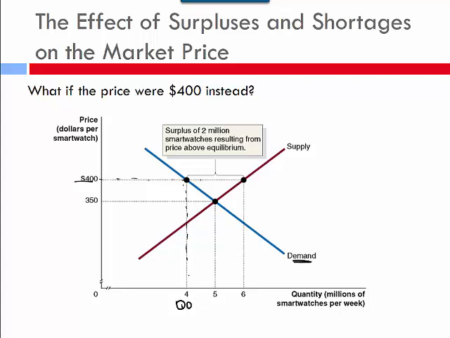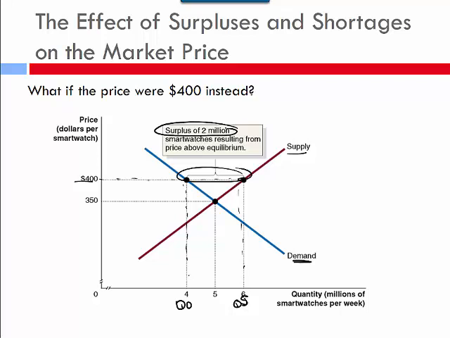But we would keep on going till we intersect the supply curve, and so we follow that down, and the quantity supplied was 6. So at a price of 400, the firm produced 6 million watches, but they only sold 4 million. So they've got a surplus of 2 million watches. So they produced 2 million more watches than they sold.